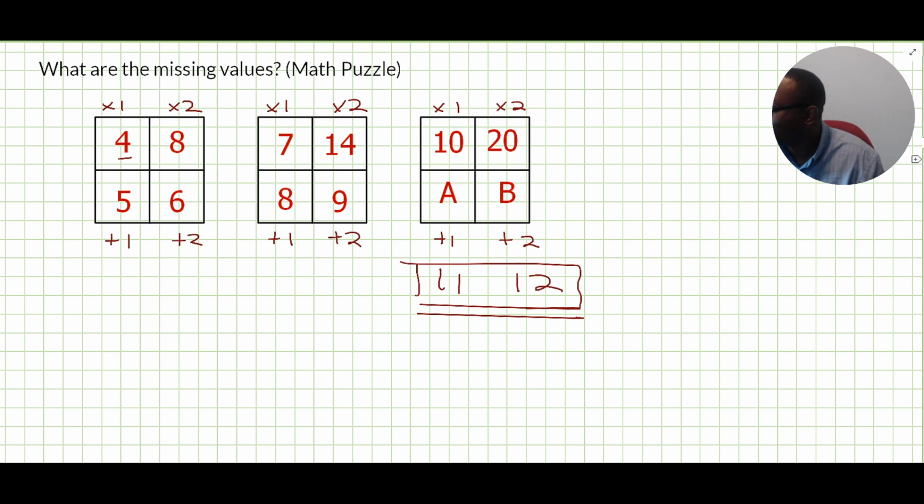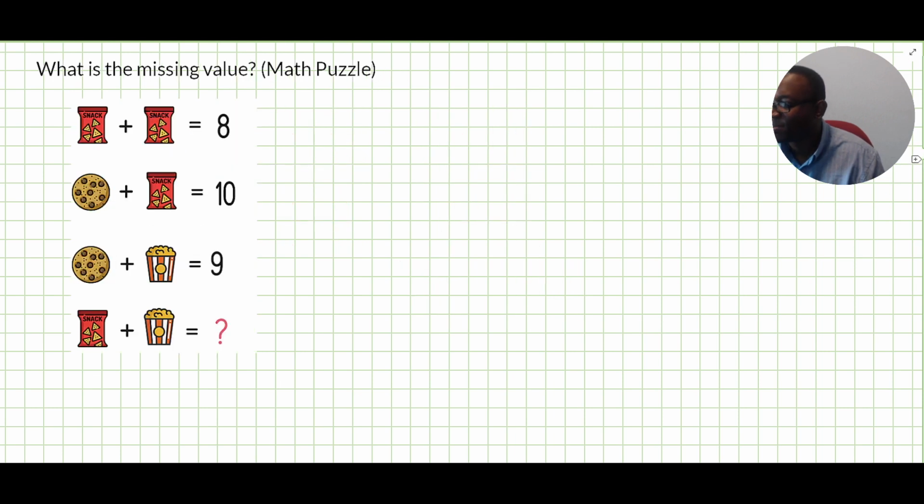All right, let's go ahead and try our last puzzle for the day. So what is the missing value here? This one is pretty simple.